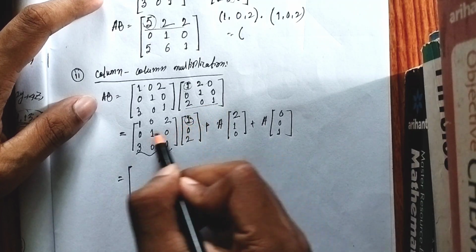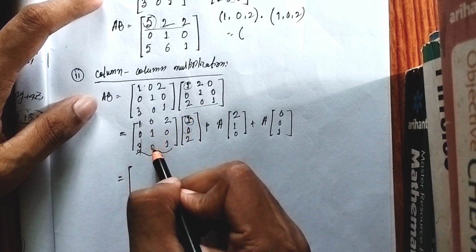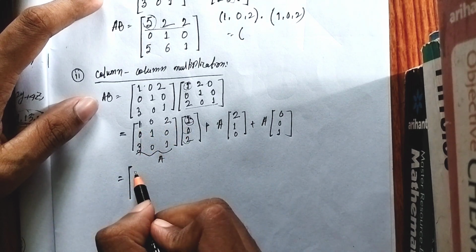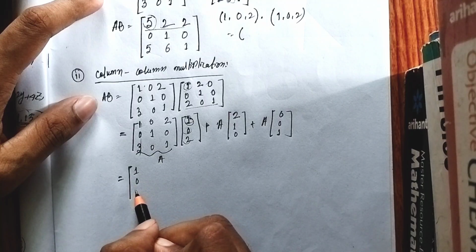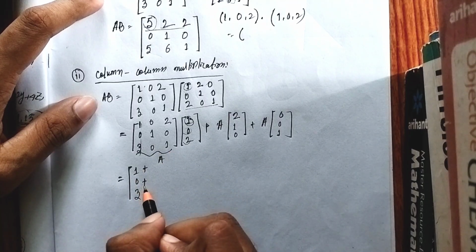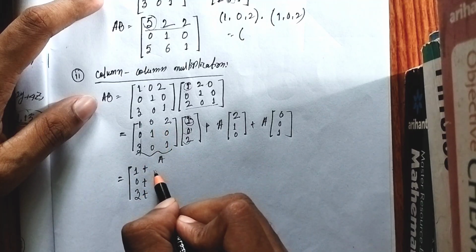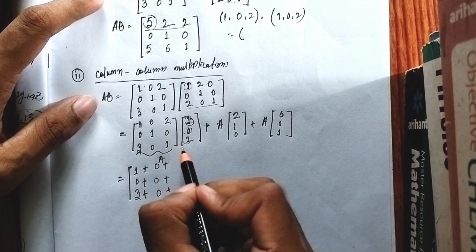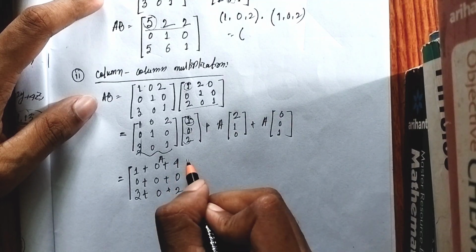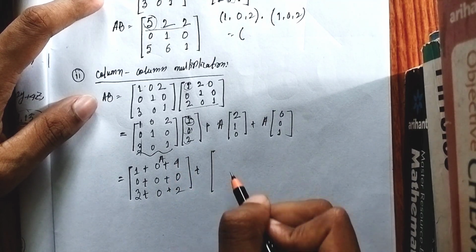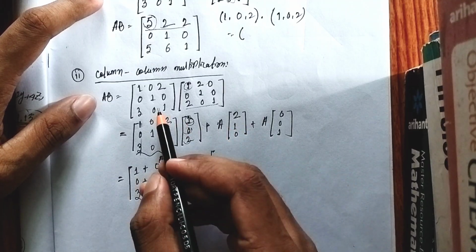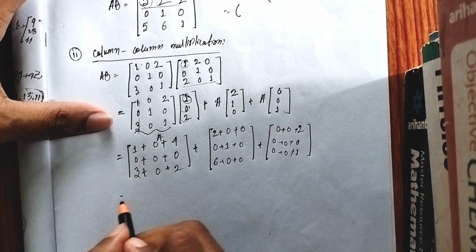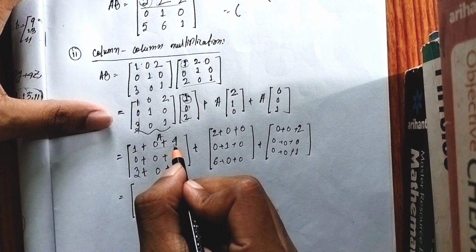So multiply 1 with this, this with this, and 2 with this column. If we multiply 1 with this column, we have 1 0 3. Now add 0 with this column, 0 0 0, plus 2 with this column, 4 0 2. Similarly we can find the other columns, and ultimately we end up with this.